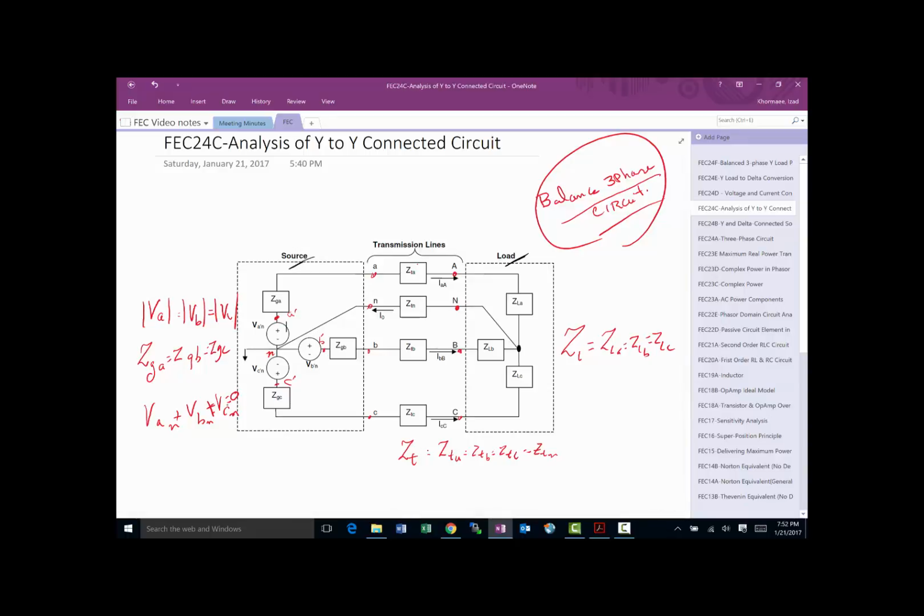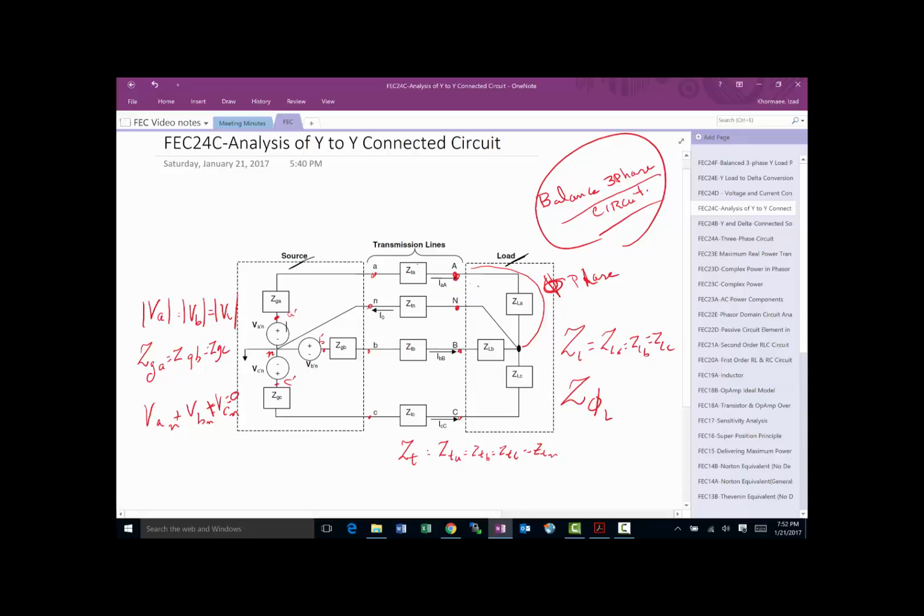The other thing is these loads. Sometimes you may see Z load referred to as Z phase load, which basically says each one of these, from here to here, is referred to as one phase, and they usually show it with a phi. This is one phase, okay?